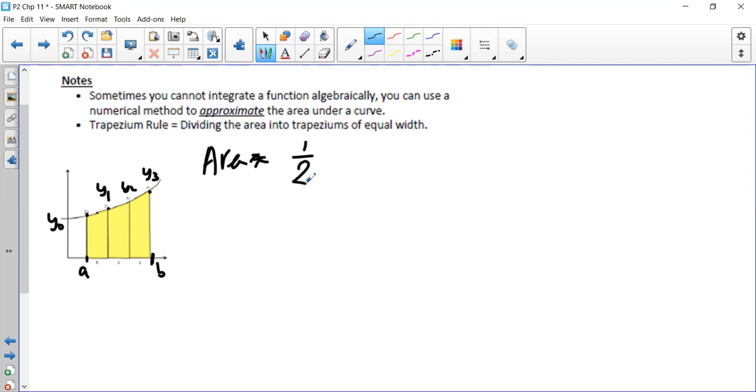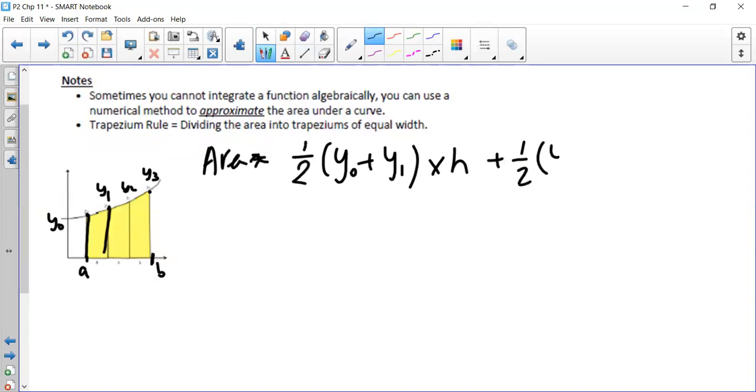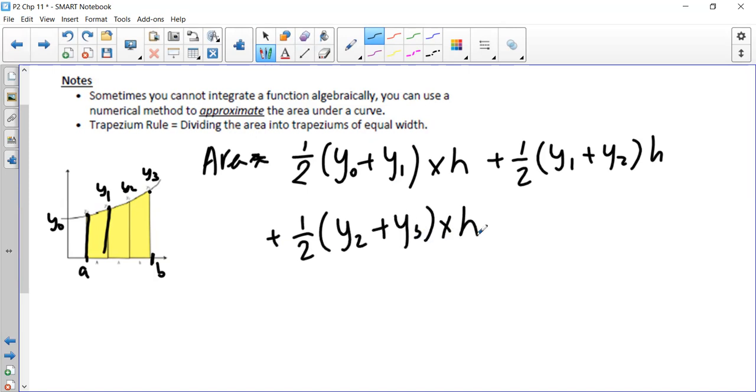So that's your a, which is y0, plus b, y1, times the height, times a half. That's strip number 1. What about strip number 2? It'll be half times (y1 plus y2) times the height. And strip number 3 will be half times (y2 plus y3) times the height.